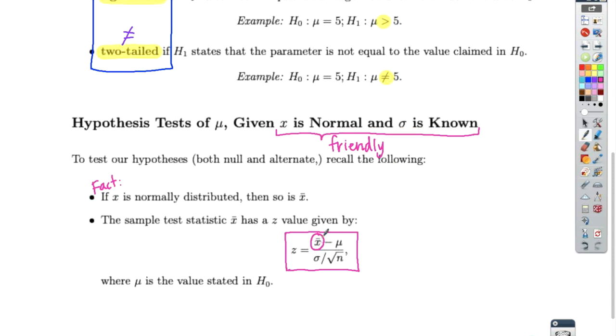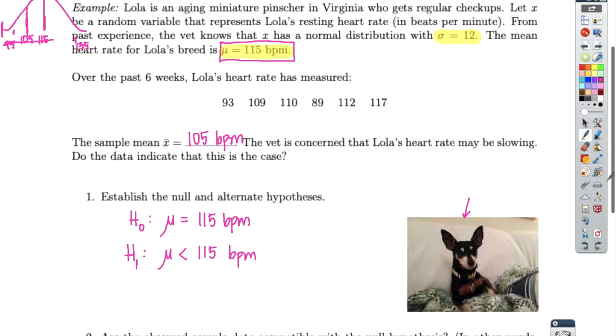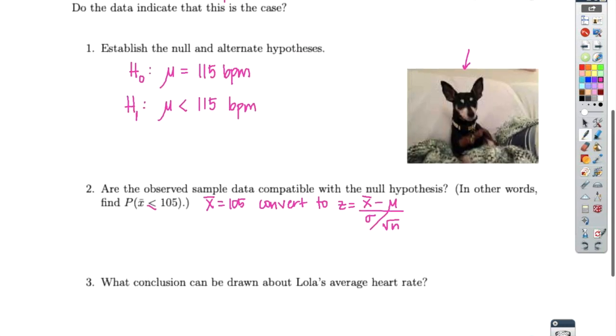But make sure that you are using the one with an x bar there, because it's a slightly different formula with this square root of n. Okay, so to convert 105 to a z-score, I'm going to plug in my values. Everywhere I see an x bar, I will put 105. Everywhere I see a mu, that's this mu. Mu equals 115. So 115 over sigma.